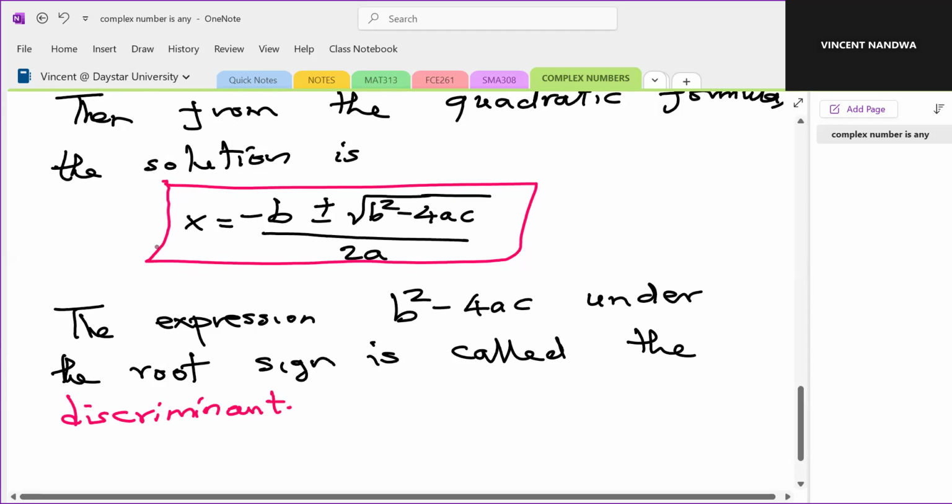Then the solution of the quadratic equation depends on the value of the discriminant.